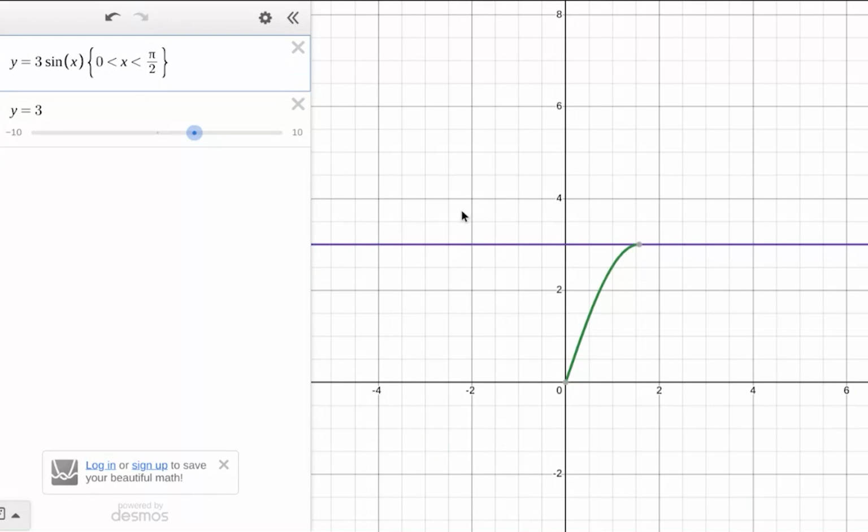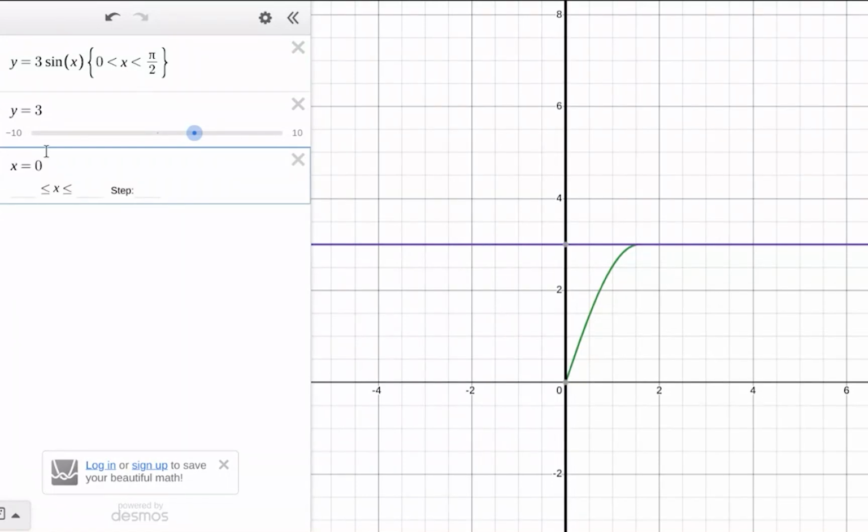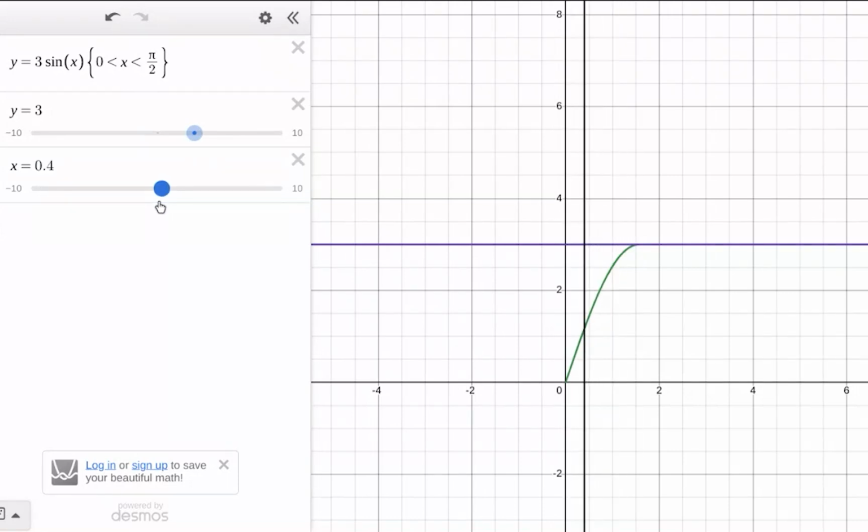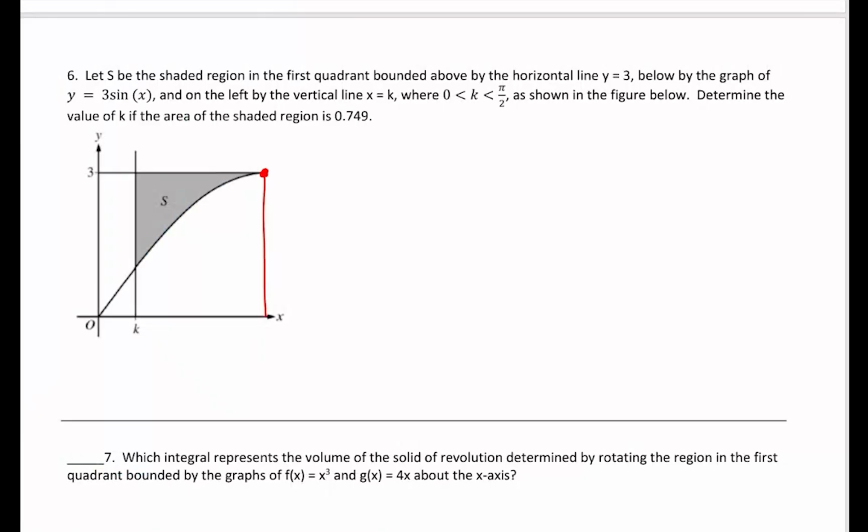Okay, so this is really the region. We have some other vertical line. We'll start at x equals 0 here, but we could definitely move this. We don't know where it is. That's part of the problem here, right? Figuring out where this is with a fixed area. So this upper limit is going to be pi over 2. The lower limit is going to be k. So let's start setting up this integral.